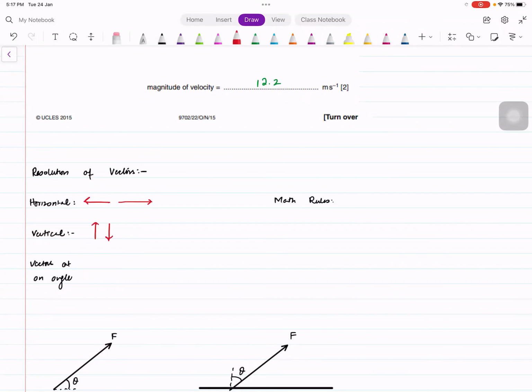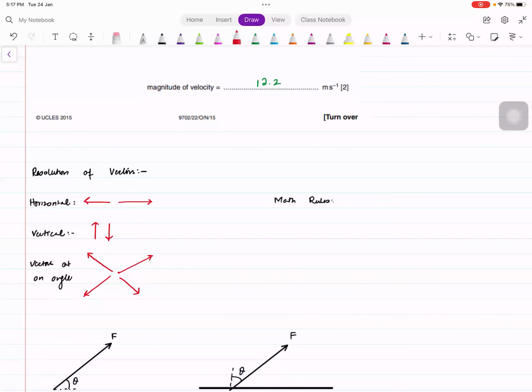So horizontals could be like that, verticals could be up and down. Then you have vectors that are at an angle, like this, or this, or this, or this. So it could always be like that as well.